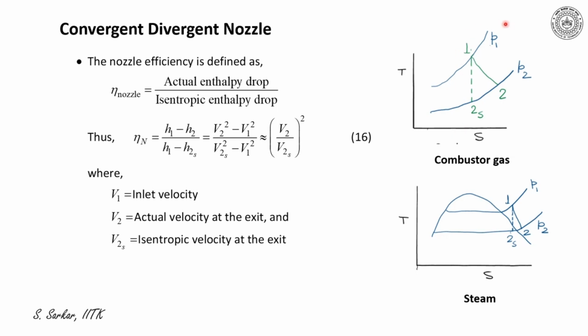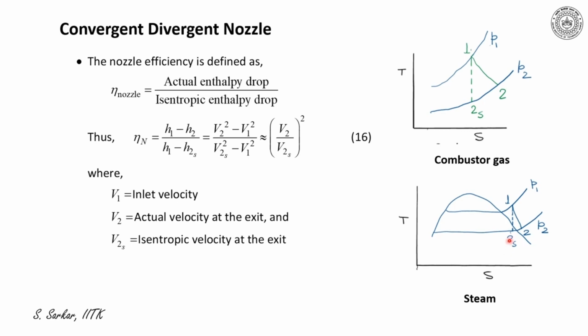Now from this figure, that is the TS diagram, one can easily appreciate that the enthalpy drop because of friction has decreased. Furthermore, consider the steam where P1 is the inlet pressure and P2 is the exit pressure, and here also 1-2 is the actual expansion, 1-2s is the isentropic expansion.